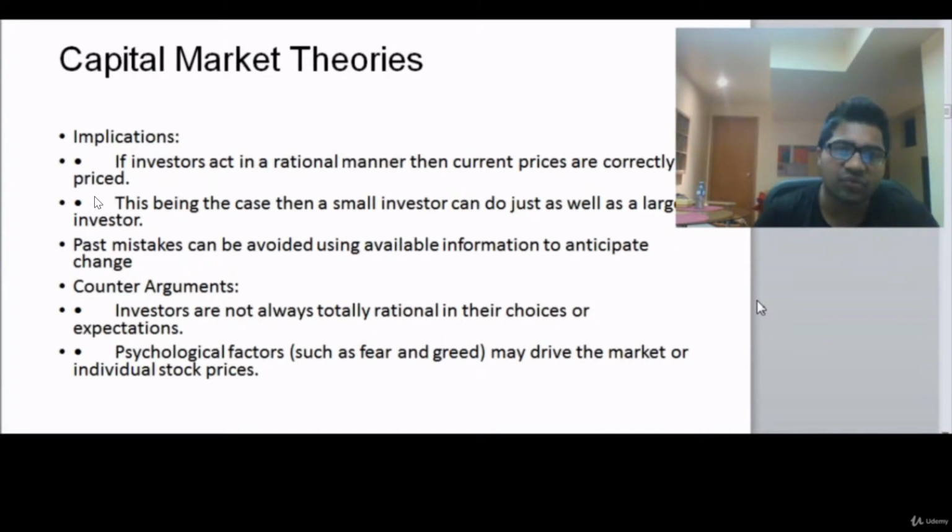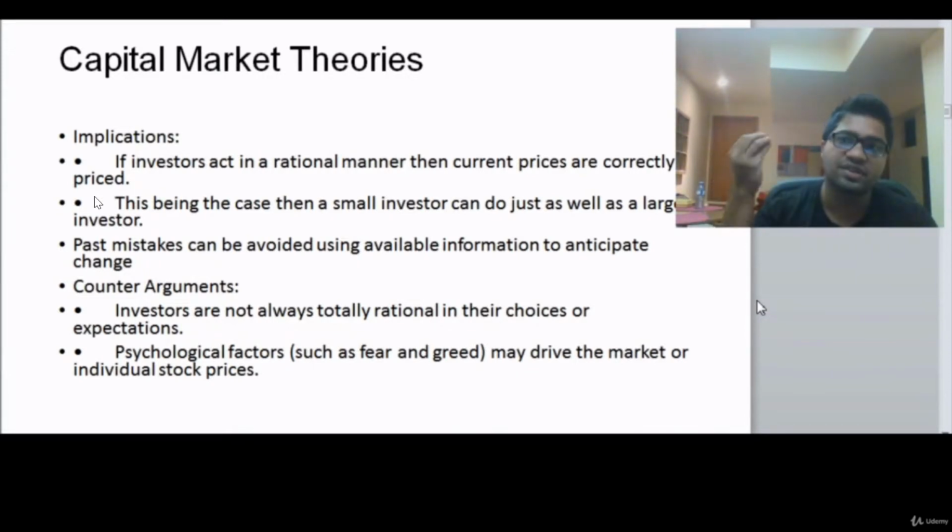Implications: if investors act in a rational manner, then current stock prices correctly represent the information. This being the case, a small investor can do just as well as the large investors, because everyone is processing the information in the same way and getting the same information.